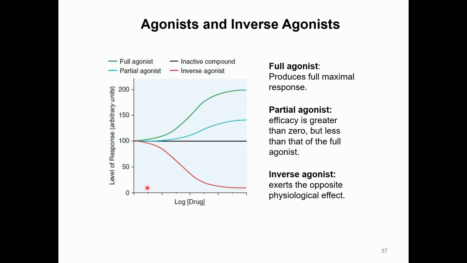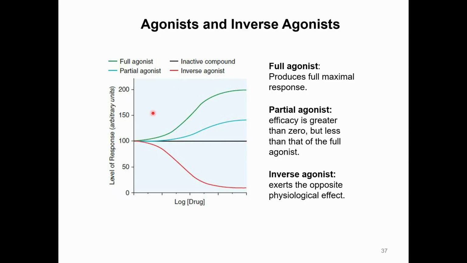And this is a perfectly good dose response curve. We're increasing the concentration of the drug on the x-axis, and we're looking at how much response you get on the y-axis. And so here is the full agonist. Basically, it's the winner. It gets you the most response, the most efficacy. A partial agonist is here. And this is a placebo, a compound that's not active.